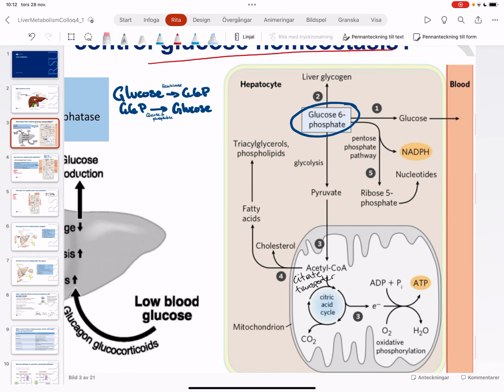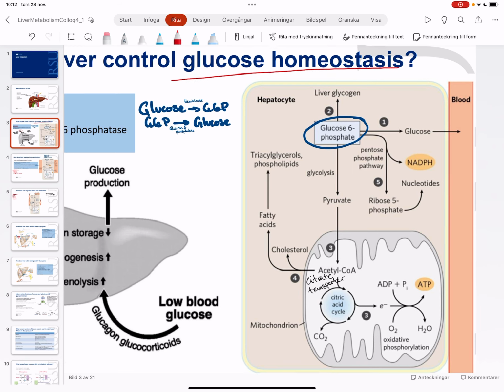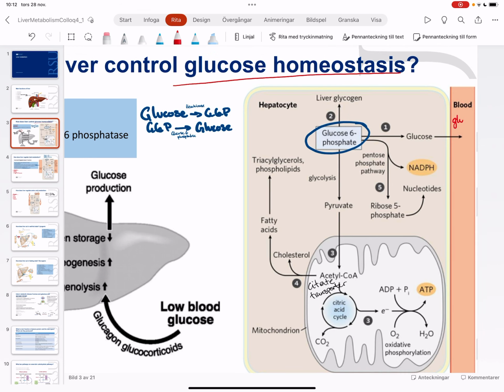So in this schematic picture, what we have to remember is that there will be glucose in the blood, and it will be taken up by the liver and then converted to glucose 6-phosphate, which is this molecule. In order to do that, you need the enzyme hexokinase.